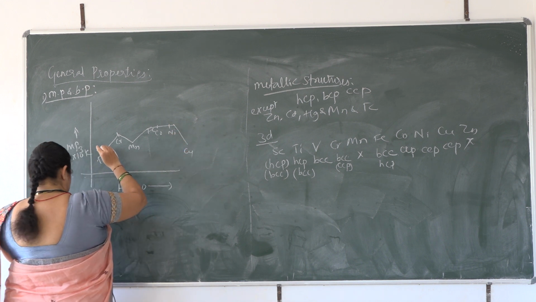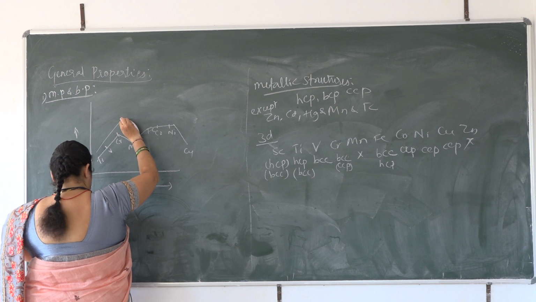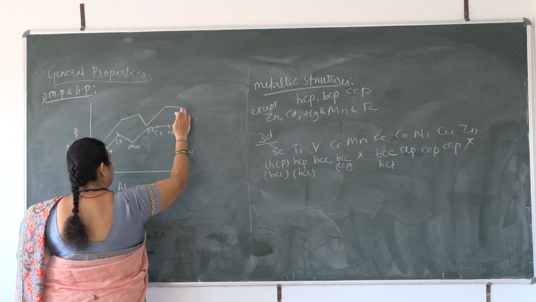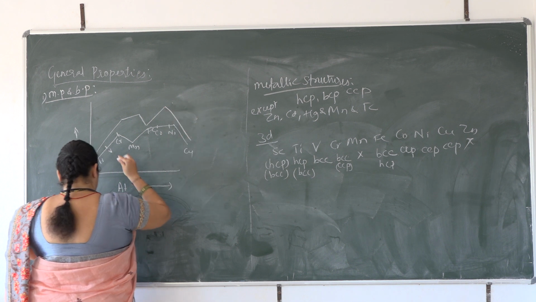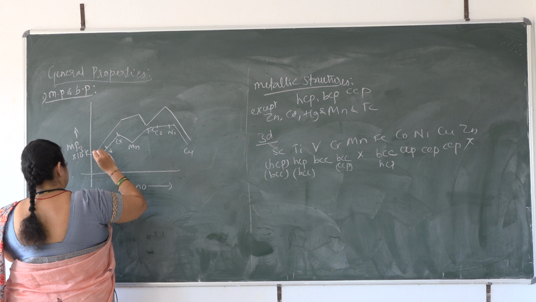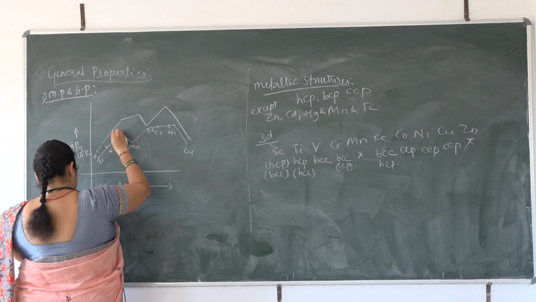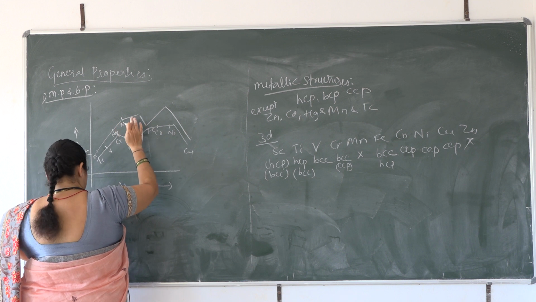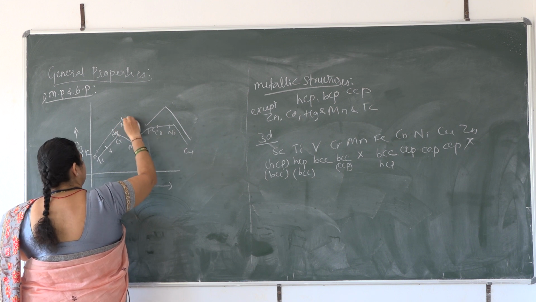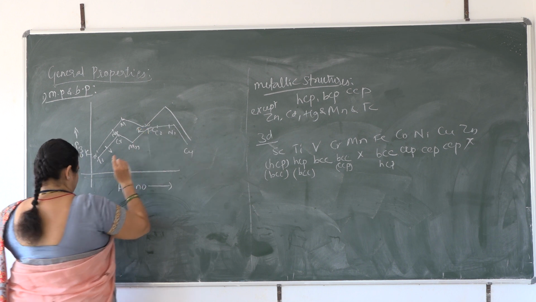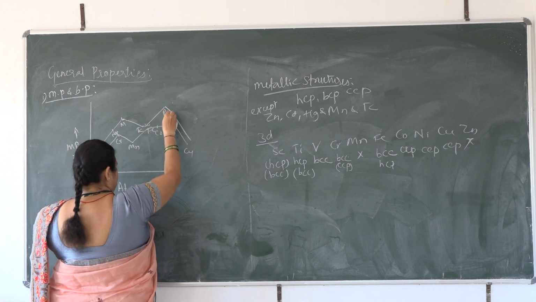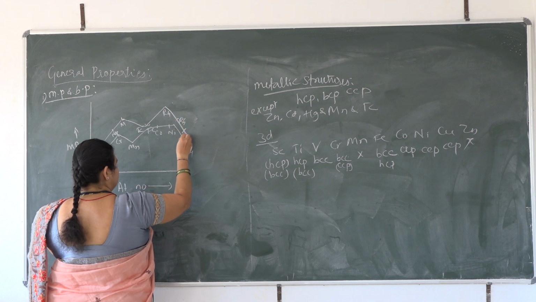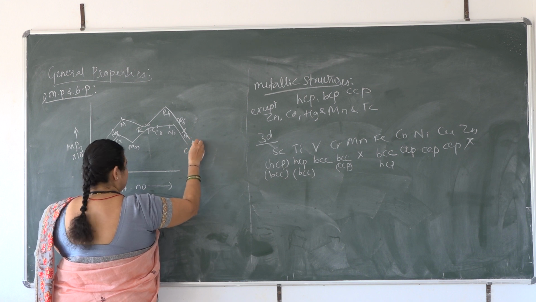Next, zirconium, the 4d series, niobium, then molybdenum, technetium, then ruthenium, rhodium, then palladium, then Ag.